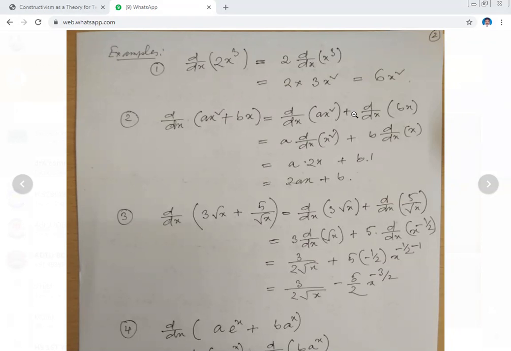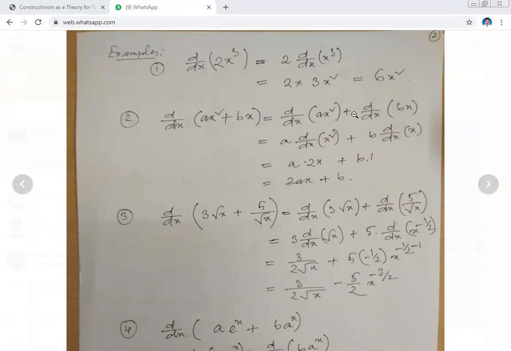One is d/dx of k into f(x) is equal to k into d/dx of f(x). That means when we differentiate a function and any constant is associated with the function, then we can write the constant outside the operator. This was the first property given in the last class.